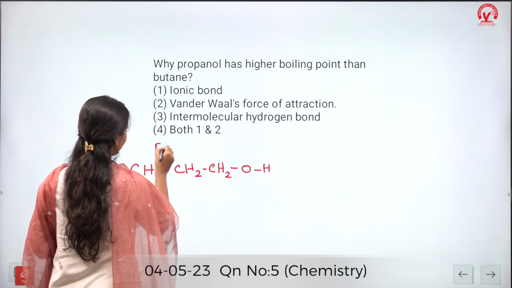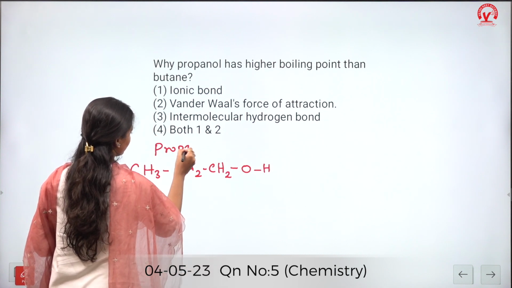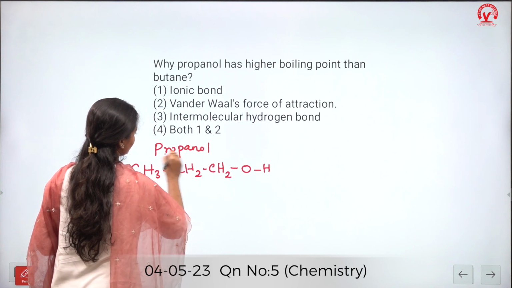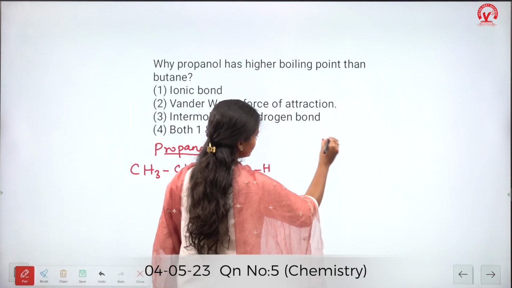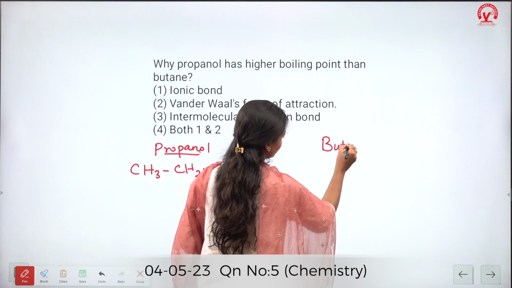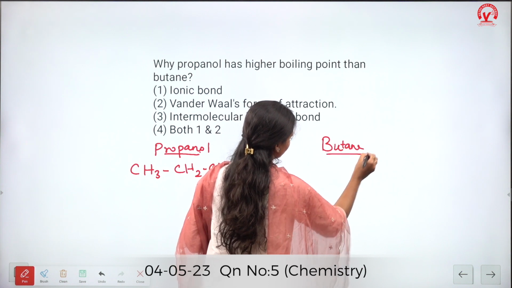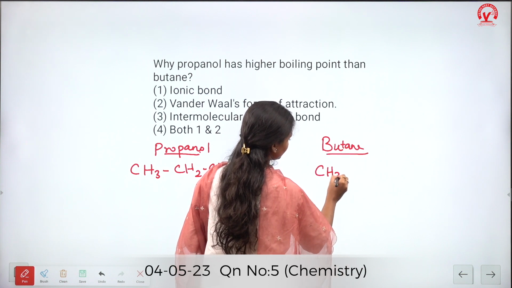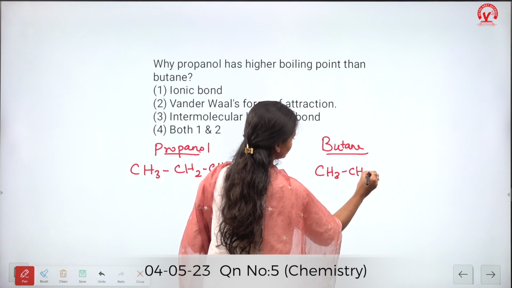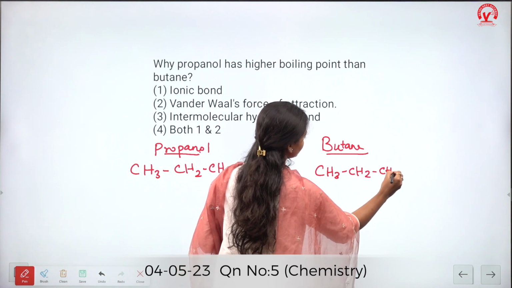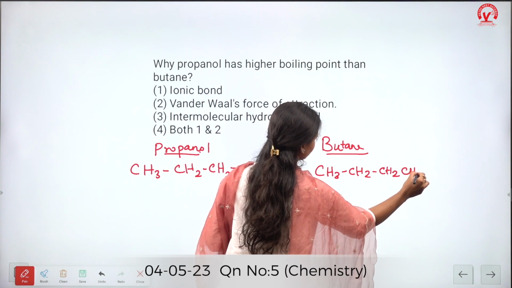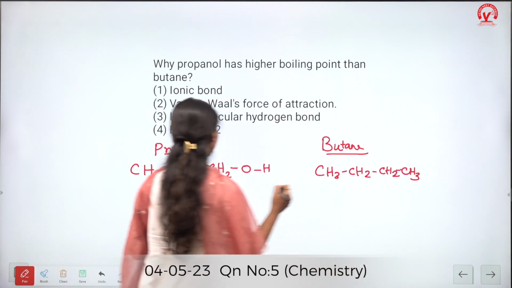It is propanol. Butane is CH3, CH2, CH2, CH3. This is butane.